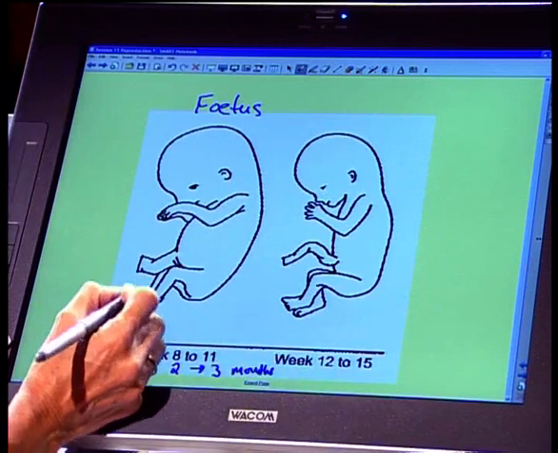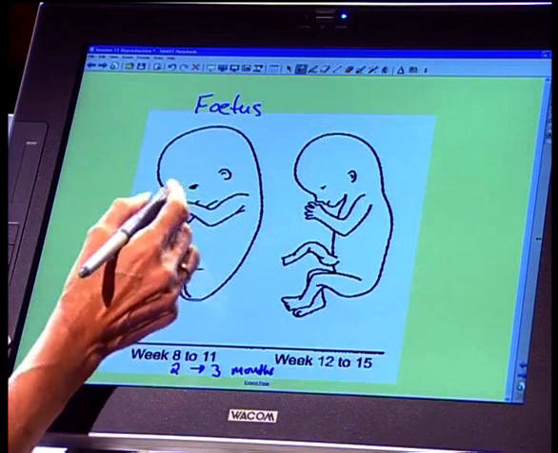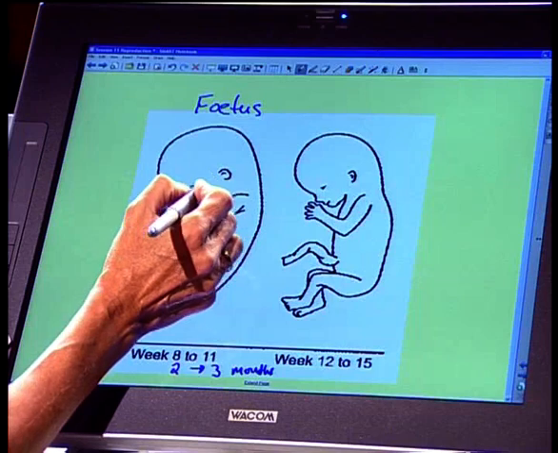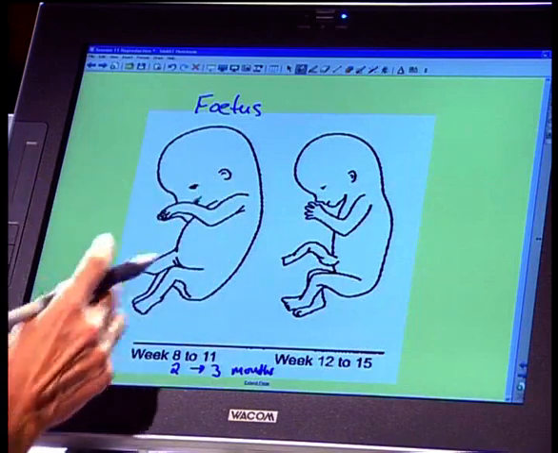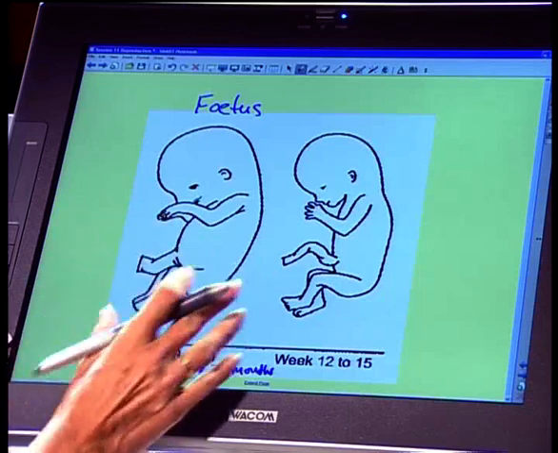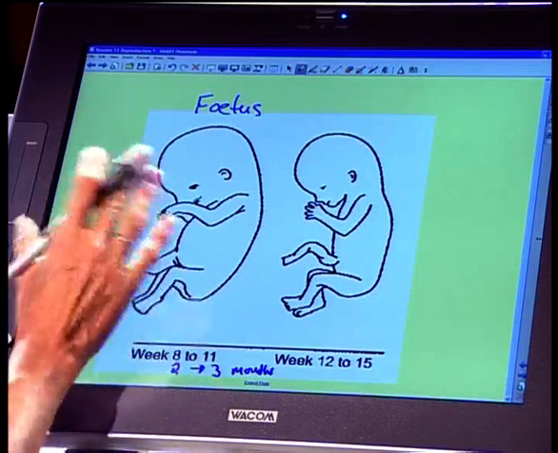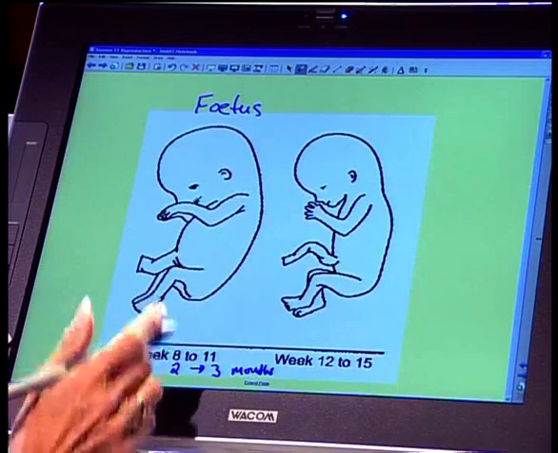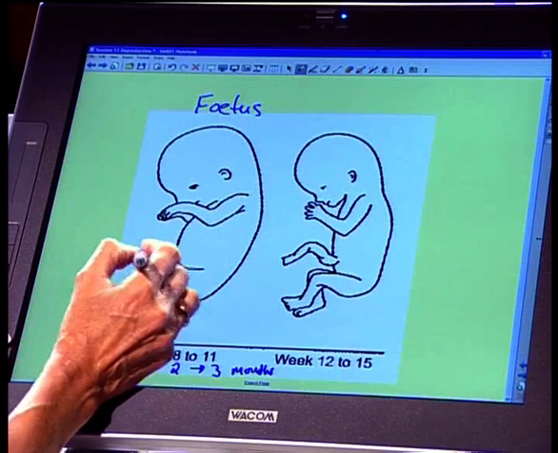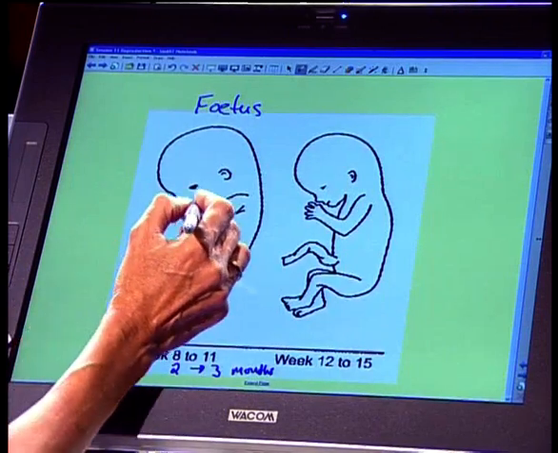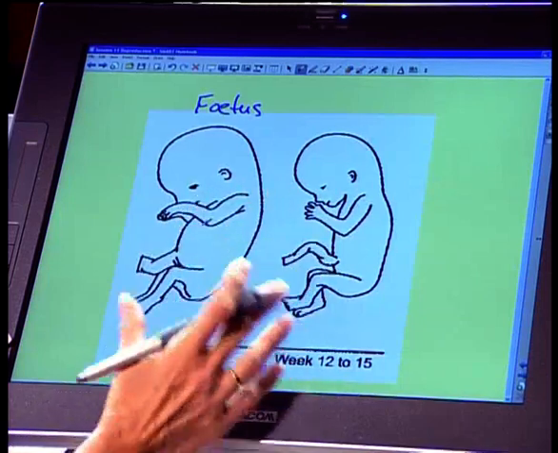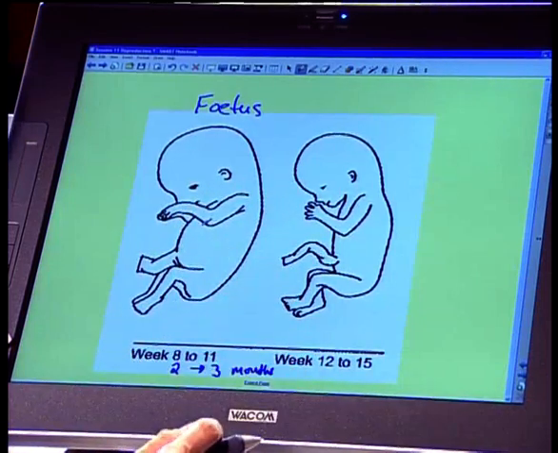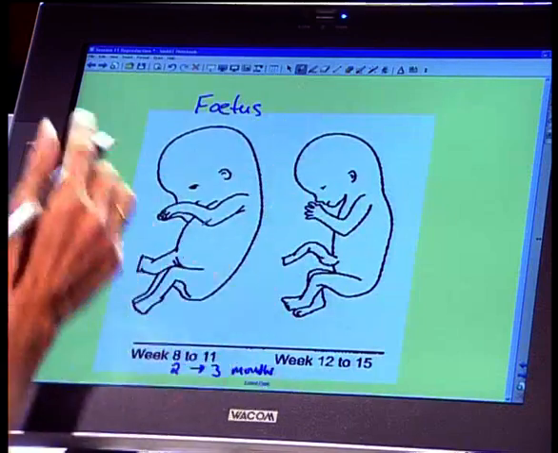It has little fingers, little toes, eyes and ears and a mouth and a nose. This little structure, for all intents and purposes, is a little being. It cannot survive on its own without support, but it has the umbilical cord feeding it at this point. It has a heart, it has lungs, all the different structures that you have. So just remember this diagram.